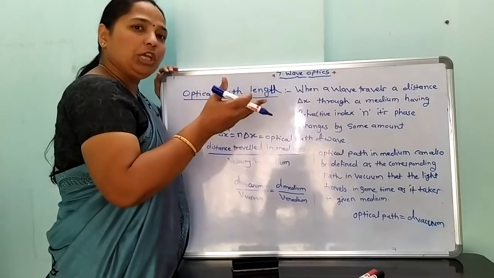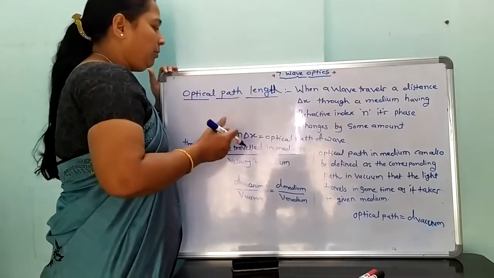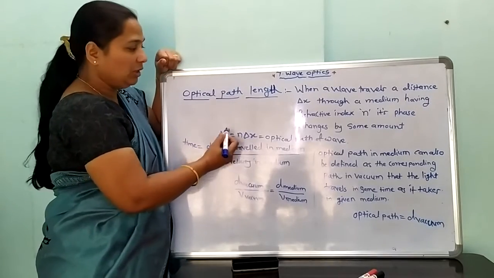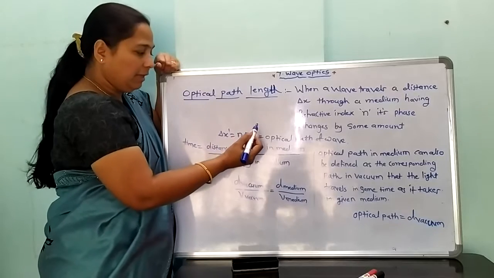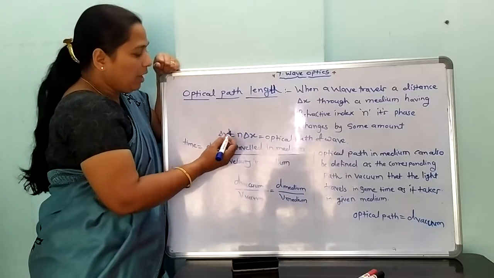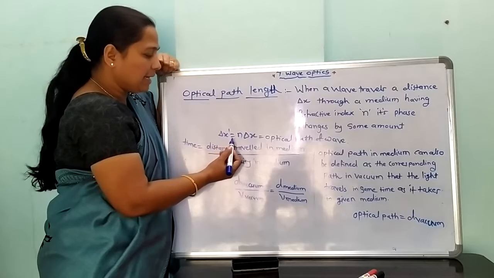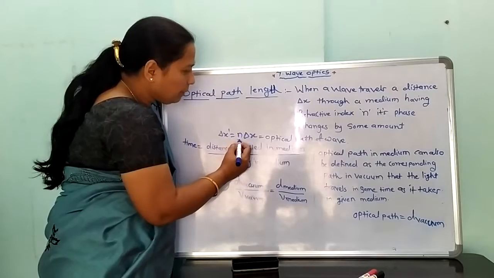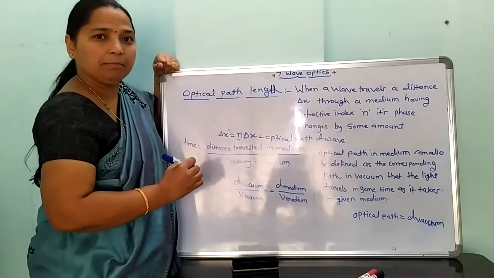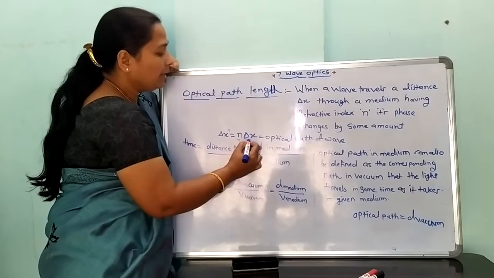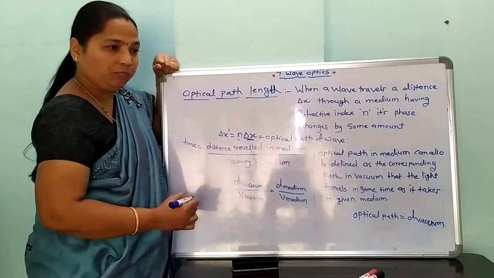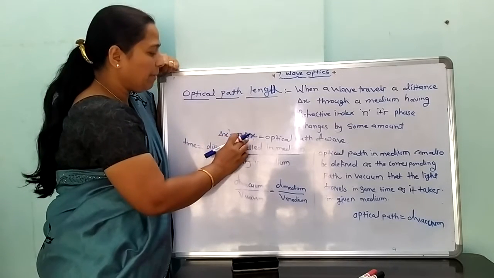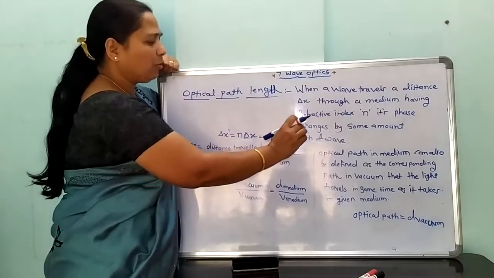Here delta x dash, the optical path of the wave, is equal to n into delta x, where n is the refractive index of the medium and delta x is the distance travelled in vacuum. Therefore, the factor n into delta x is denoted as the optical path of the wave.